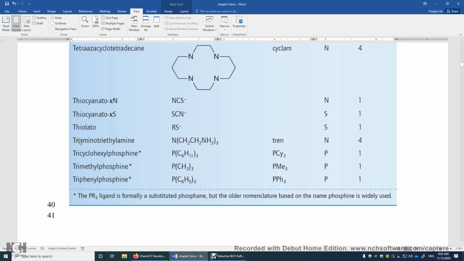So it's tris(2-aminoethyl)amine. The abbreviation is tren. So all these 4 nitrogen atoms can form a bond with the same transition metal. So this is tetradentate, four teeth.